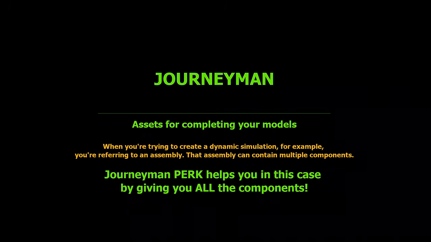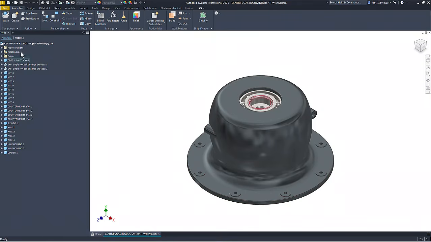When you are trying to create a dynamic simulation, for example, you're referring to an assembly. That assembly can contain multiple components. Journeyman perk helps you, in this case, by giving you all the components. Let's see an example. This is an assembly with a lot of parts. You see them right here in the browser.